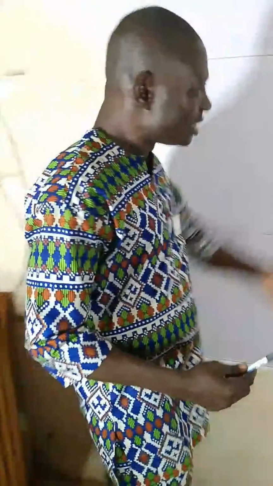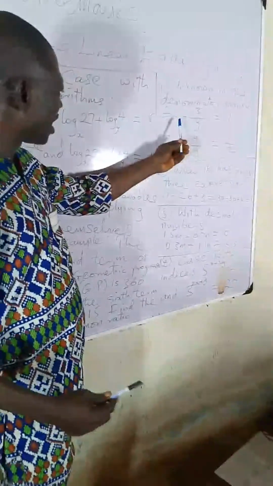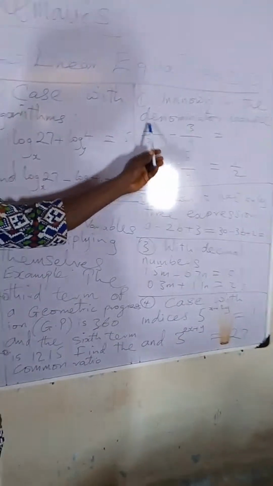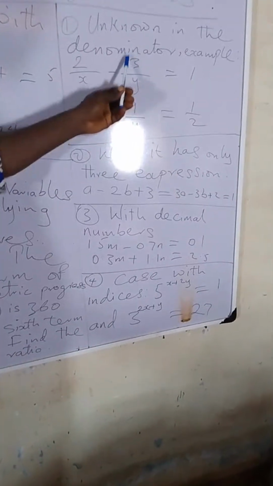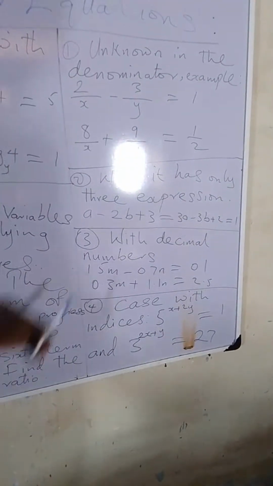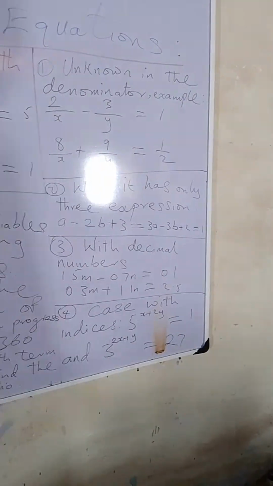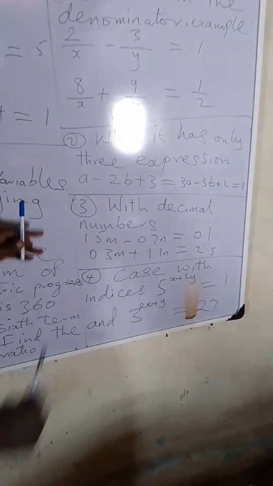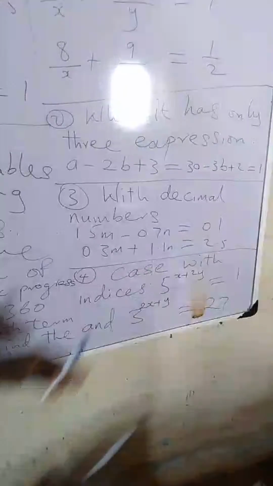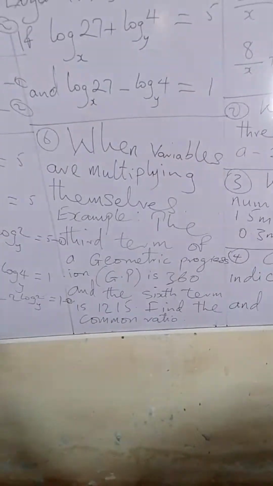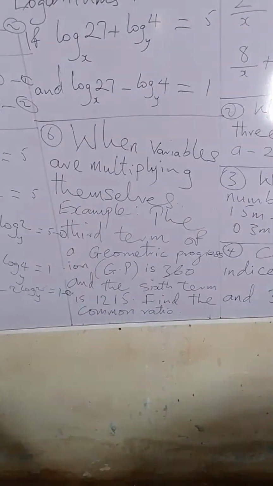So in all of them, take a look at what we have here. The expression in x, the expression in y, and the sign between them is always plus or minus. But in a case like this number 6, they are multiplying themselves.